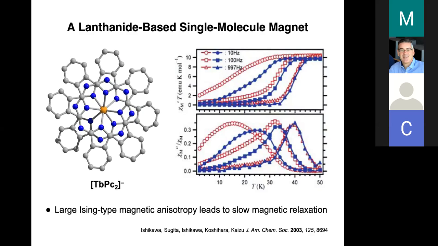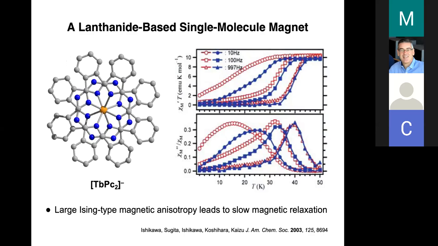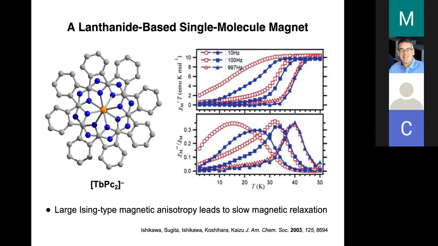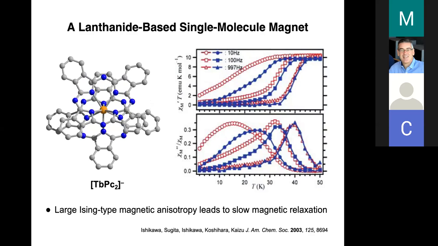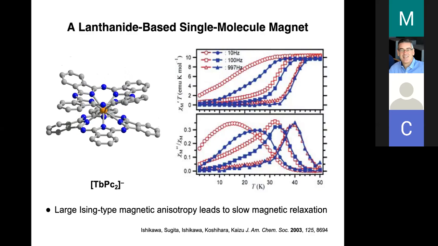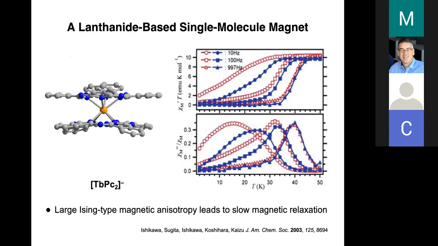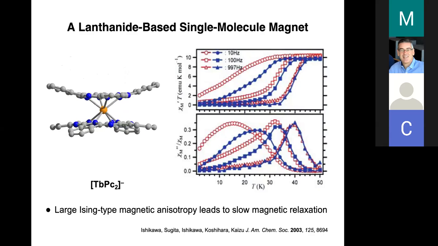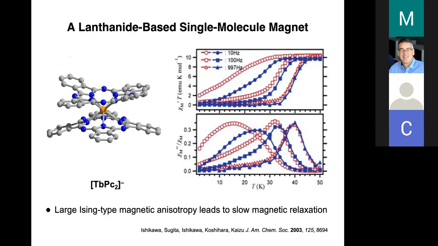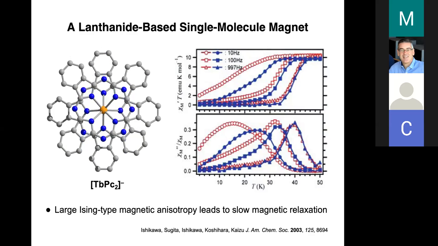And most of the initial examples of single molecule magnets were transition metal compounds, and it dominated the research in the area for a long time. But recently, lanthanide chemistry has completely taken over this area because it's been recognized that the electronic structures here can lead to much more spectacular magnetic behaviors.